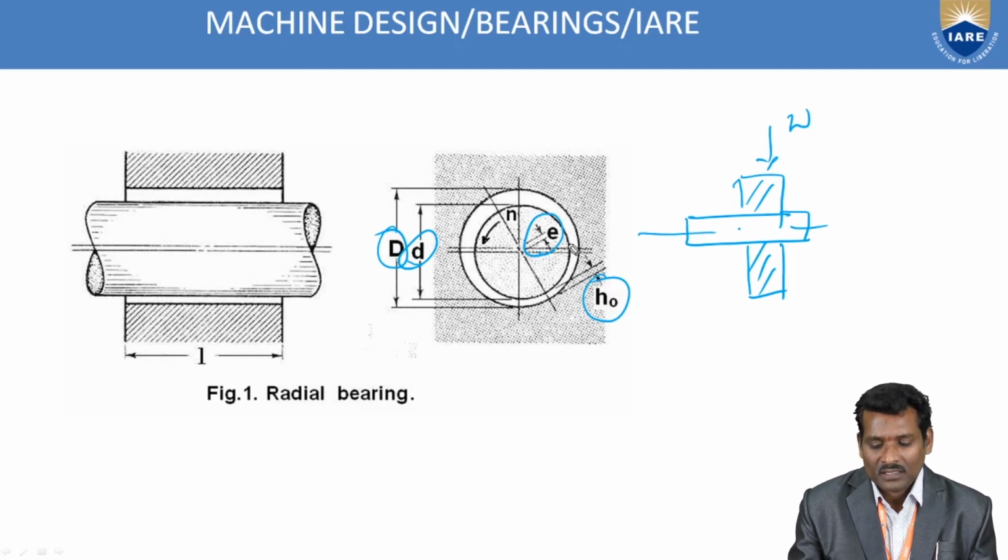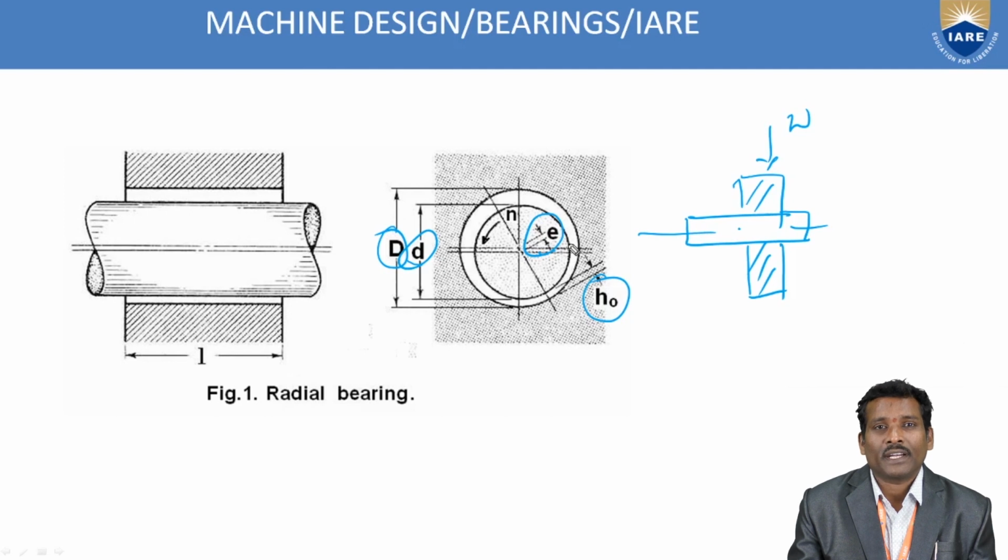So it means while rotating the sliding contact bearing, there is some eccentricity between the shaft axis and the bearing axis. The radial distance between these two axes is called eccentricity.